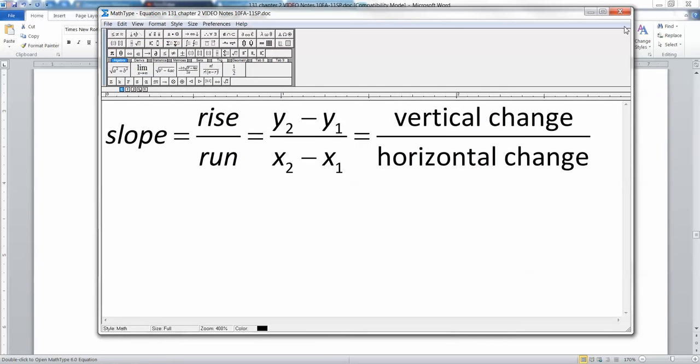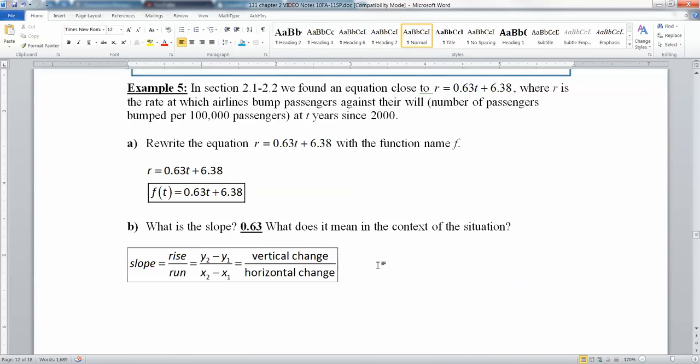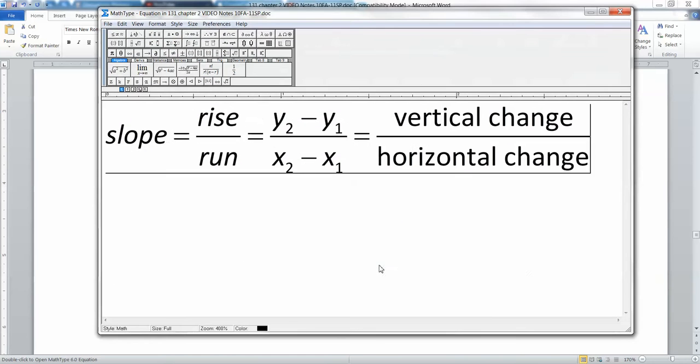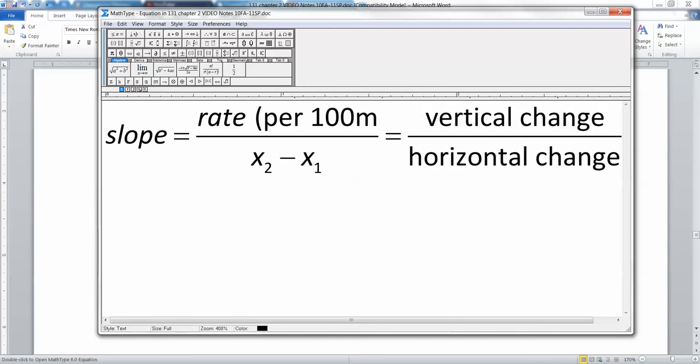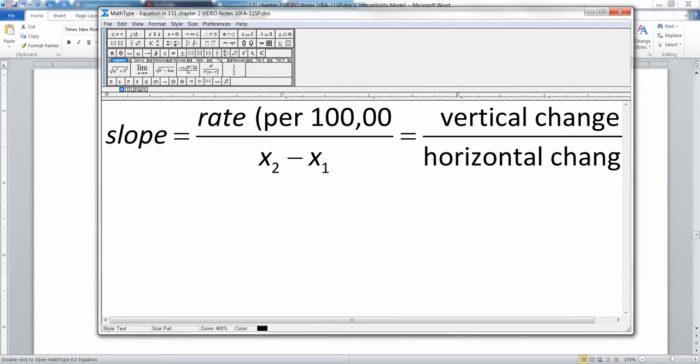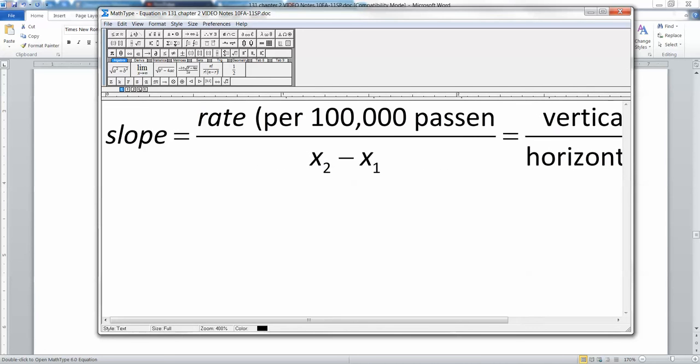Now in our particular case, this was equal to, and this is where it really pays off to pay attention to your variables. Our y variables, our rise variables, vertical variables, was rate, right? And that was in thousands of passengers, I think, per 100,000 passengers.